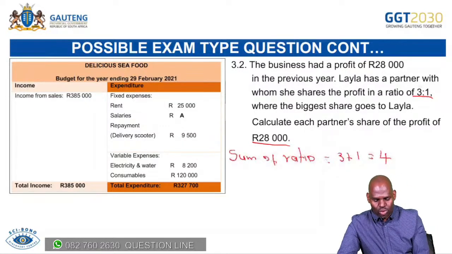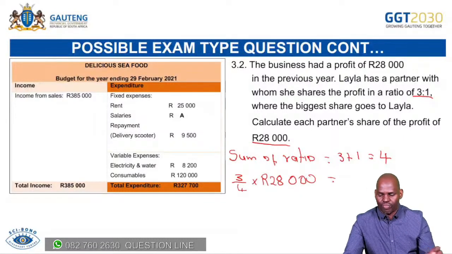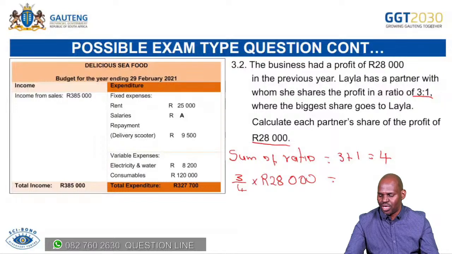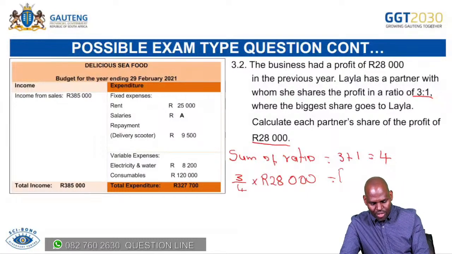Then we know that the first one is going to get 3/4 multiplied by 28,000. So if you want to calculate, you say 3 divided by 4 multiplied by 28,000. I'm getting 21,000. So this is 21,000.